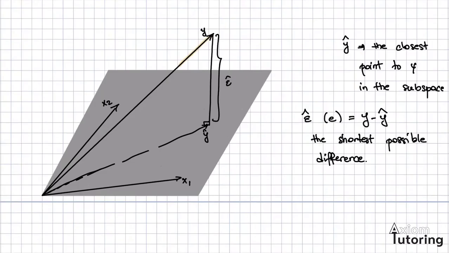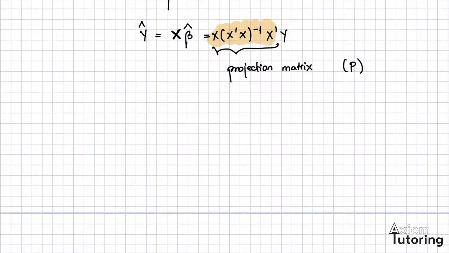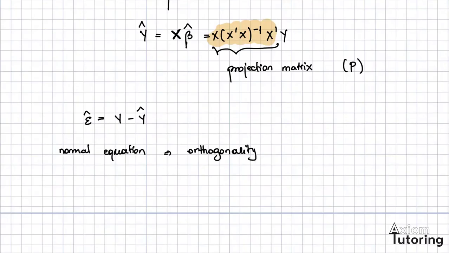Now let's go back to the error, the residual, that we defined as the difference of your y and the projection. Normally, if we use the OLS formulas, the normal equation, or the orthogonality condition, as we've been calling it, just says that they are orthogonal. We can rewrite it as: the subspace times the residual equals zero.